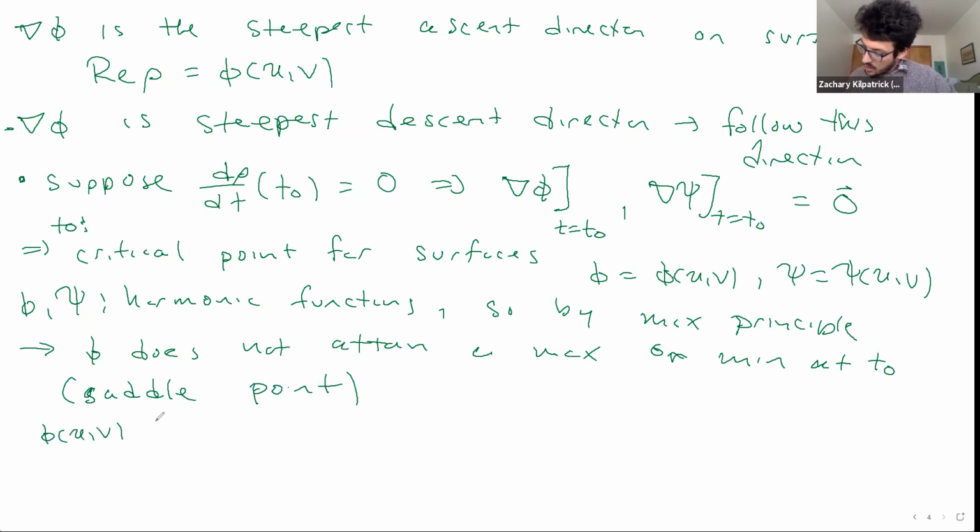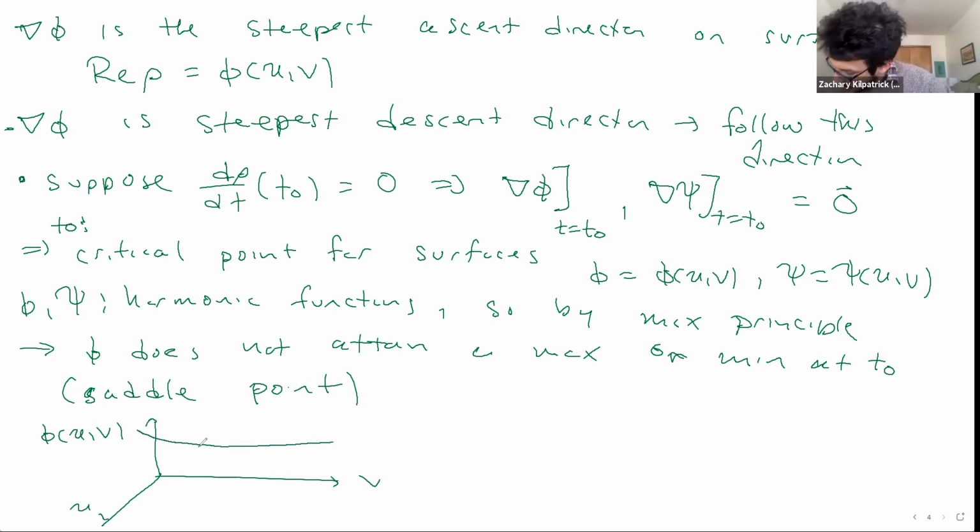So if we draw this curve, rho of uv, I have u and v here, and I draw the surface. Then somewhere living in here, let's say, is my t0, which is going to be a saddle point, u0 plus i v0 right here.